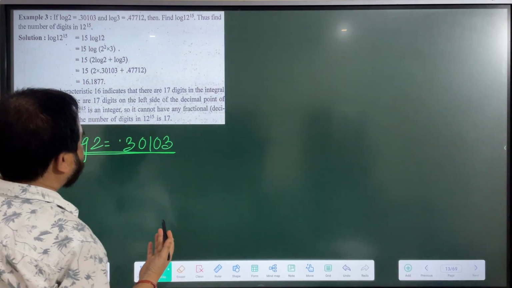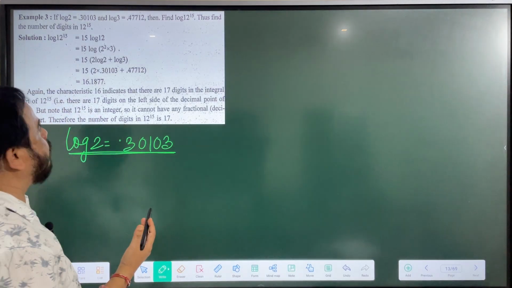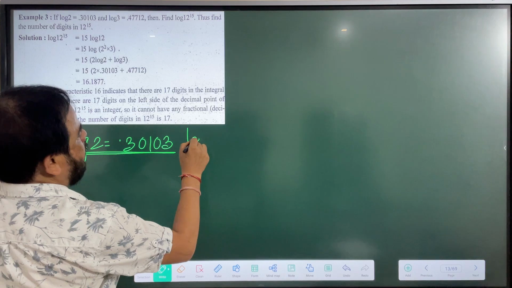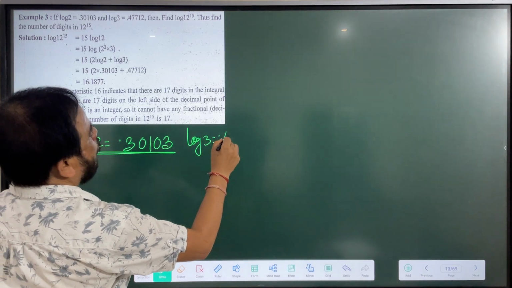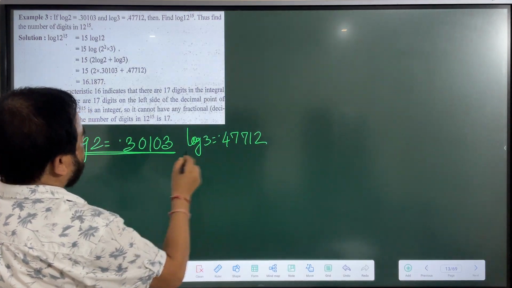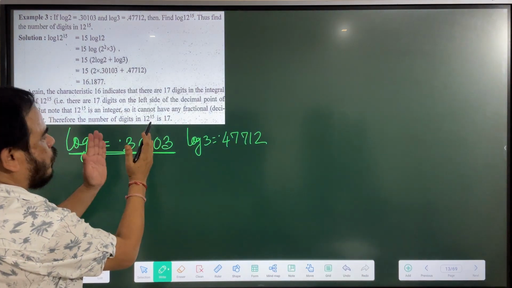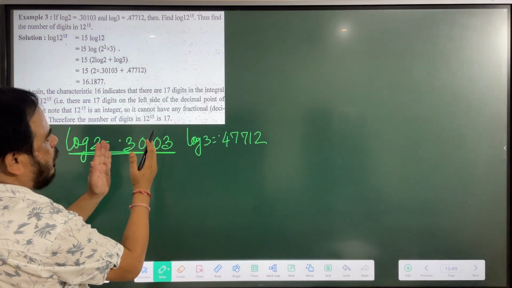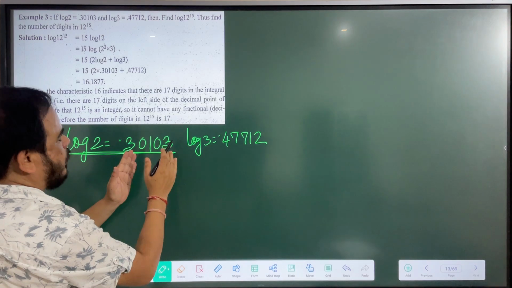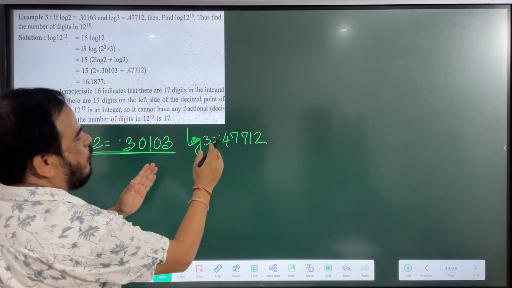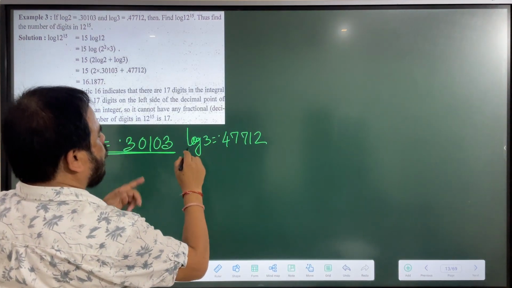That will be easy for you to do all the sums for logarithm. Then log 3 also it is given, 0.47712. If you learn 0.3010, that much also enough for you. It is not necessary to learn all 5 digits. Only 4 digits enough for you. 0.4771 is enough for you to learn.